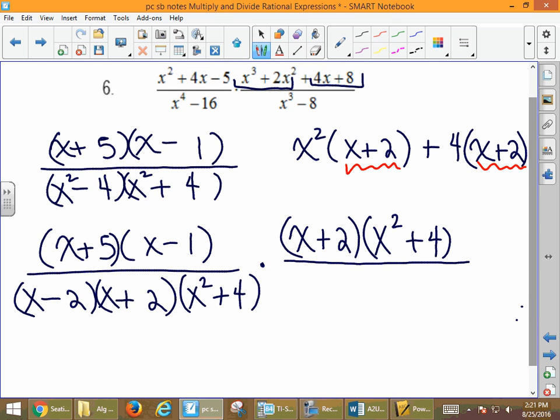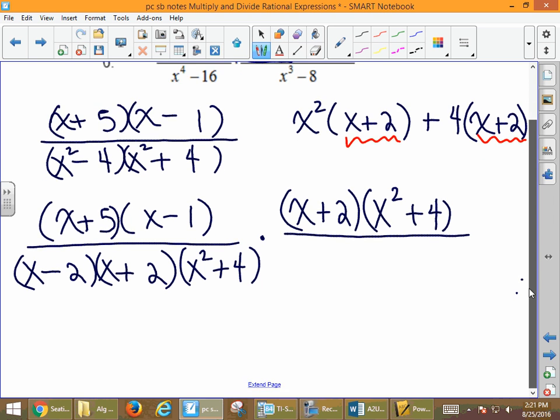And finally, another one of your personal favorites. Again, I haven't got my sarcastic voice yet. x cubed minus 8. The cubed problem. Whenever you see an exponent of 3, if we don't have a GCF, we need to think cubes. And when we factor that, we're going to take the cube root of x cubed, which is x. Take the cube root of 8, which is 2.